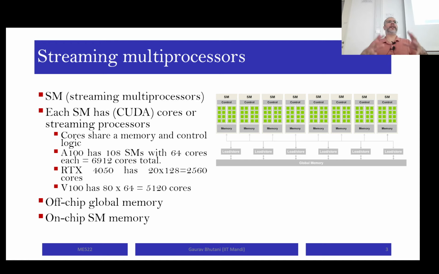If you look at the GPUs physically, compute wise, you will see units called streaming multiprocessors, SMs as we call them. These SMs have a certain number of cores on them, and these cores on a given SM share some control and memory between them.